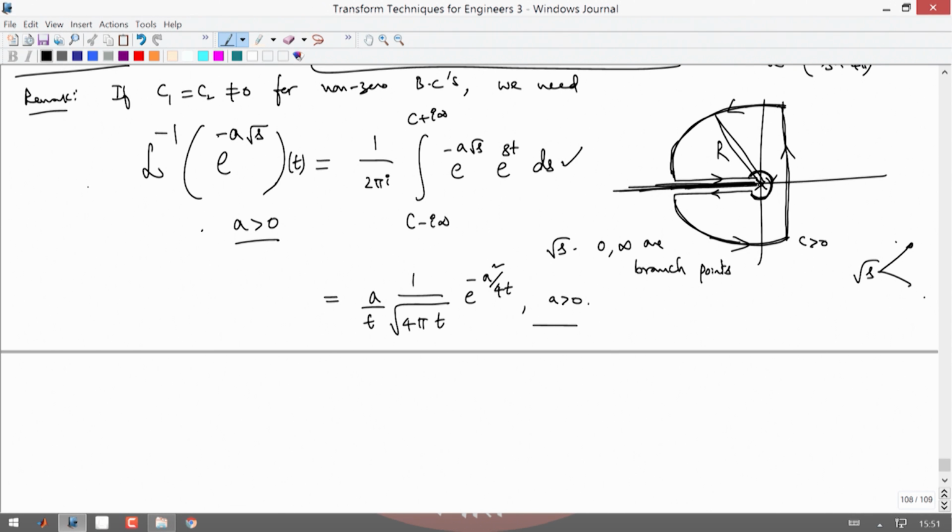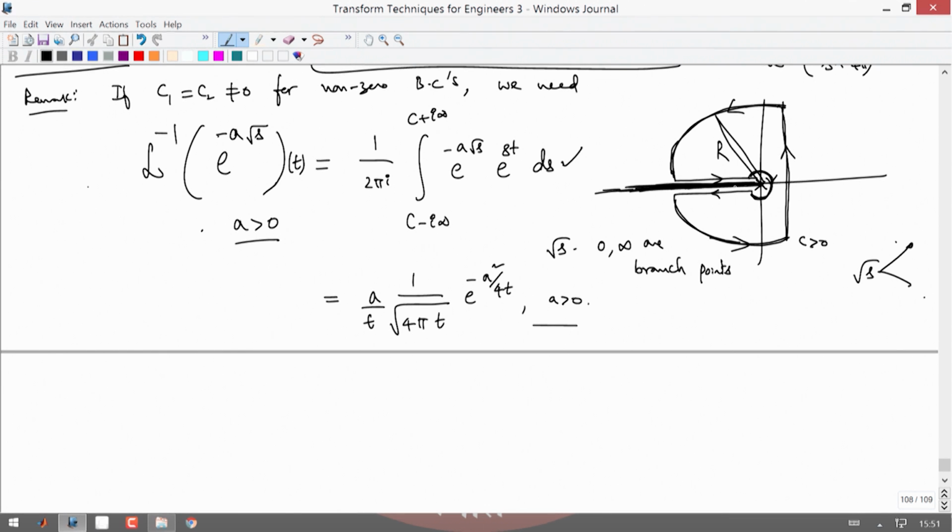That is why we cut along the negative axis, though it can be cut anywhere. But if you cut another way, your calculations will be very difficult. You need not cut 0 and infinity with a straight line, you can connect them even with a curve, but we do not do that because we need simpler calculations.